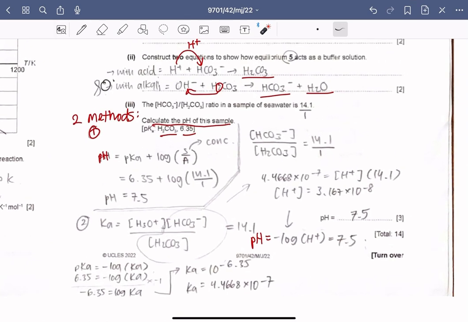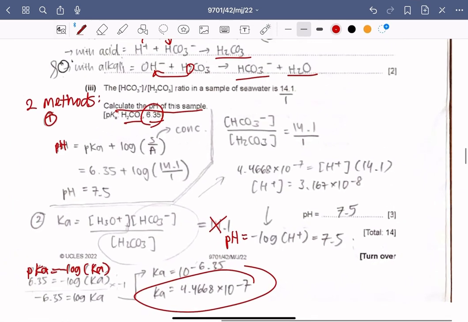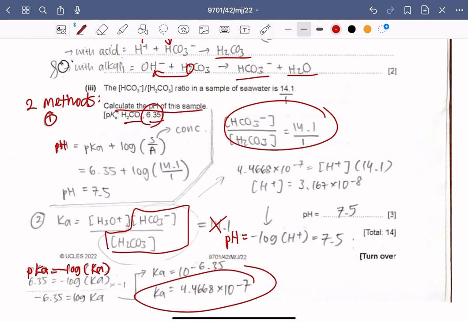Okay, then I don't think it's equal to 14.1 actually. Let's focus next. pKa equals negative log Ka. pKa is 6.35, we insert, and then we find Ka is 4.4668 times 10 power negative 7, and because the concentration ratio here is 14.1 over 1, this actually equals 14.1.